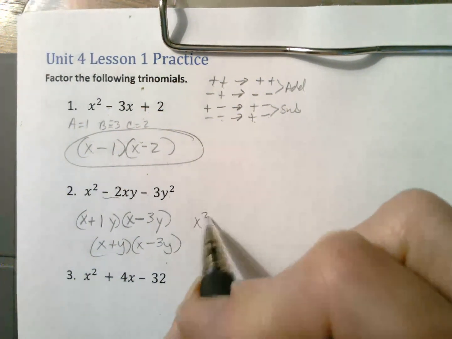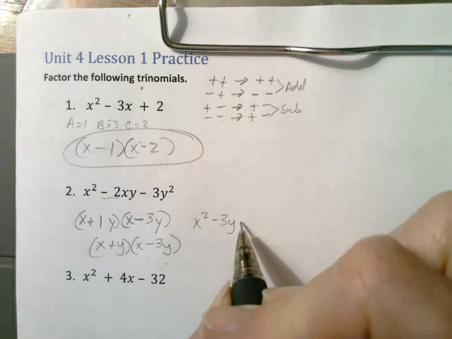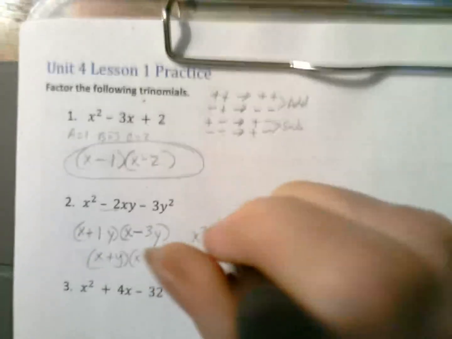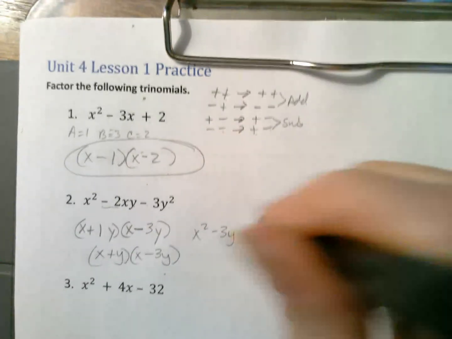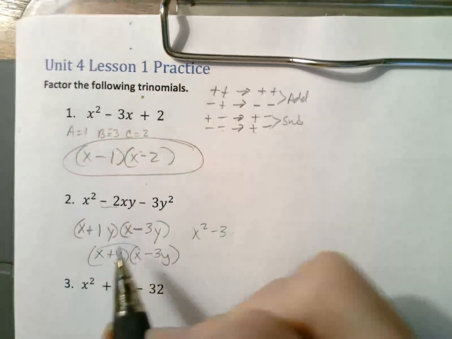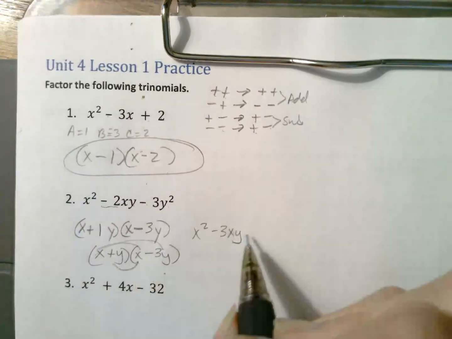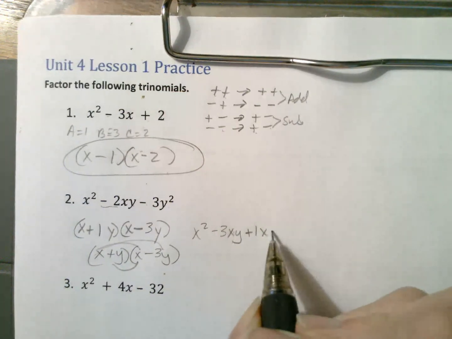We have x times x is x squared, x minus 3y. Oops, forgot the x. So this times this times this, x and a y. This times this, x and a y.